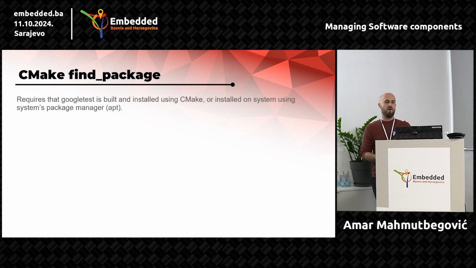find_package requires that Google Test is built and installed using CMake, or installed in our system using the system's package manager. So the crucial point is that we need to have it installed, right?